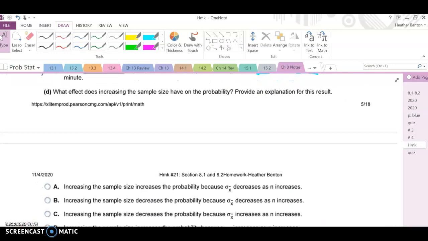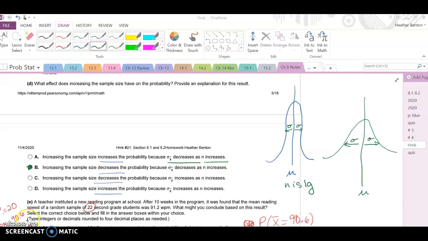What effect does increasing the sample size have on the probability? Okay, so our options here are increases or decreases when it comes to the probability as n increases.